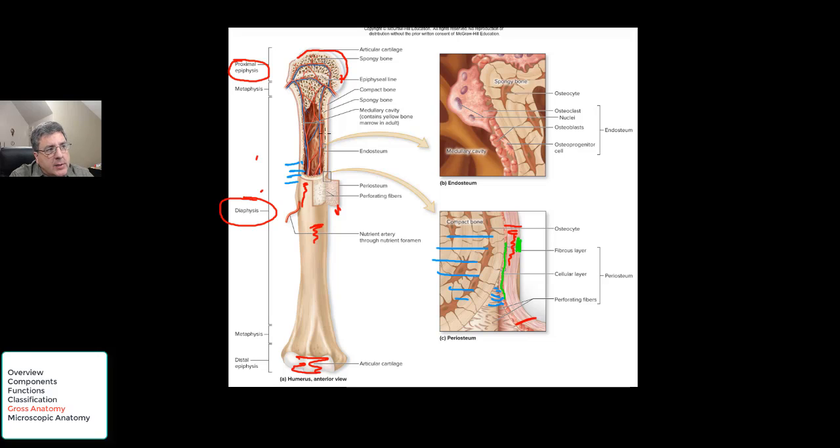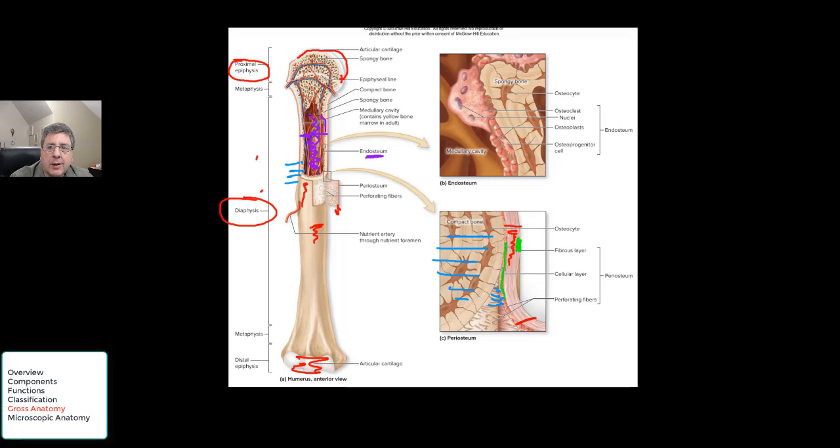The endosteum, okay, the endosteum lines the internal surfaces of the medullary cavity. Now, we said in the other picture that the medullary cavity is going to be this space, and the medullary cavity contains the red or yellow marrow, depending on your situation.